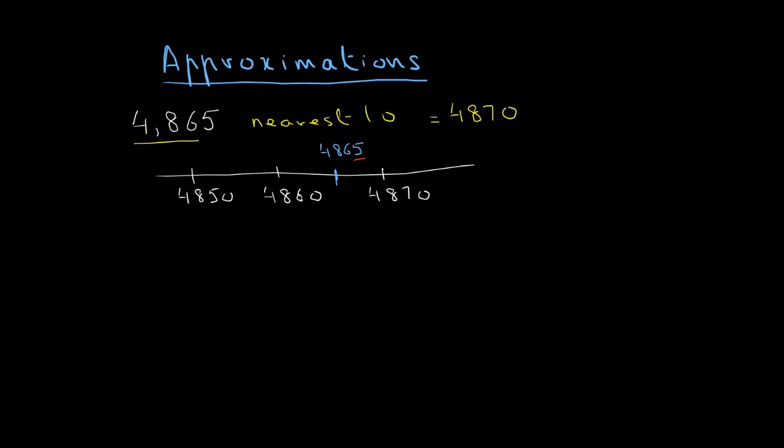This is using the convention that when we're rounding to the nearest 10, we look at the units digit, and if it's 5, then we round up, and 6 converts to 7.